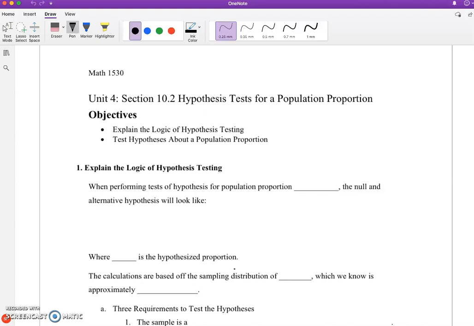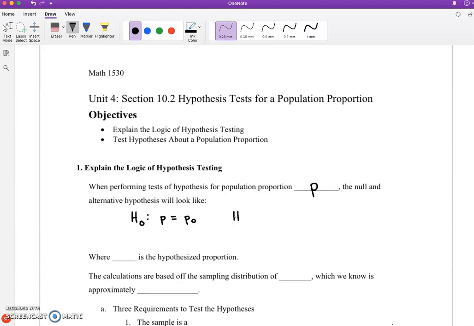So when performing tests of hypothesis for a population proportion, which we call P, the null and the alternative hypothesis look like this. The null hypothesis is P equals P sub 0.